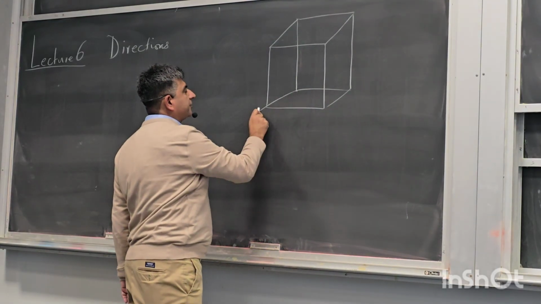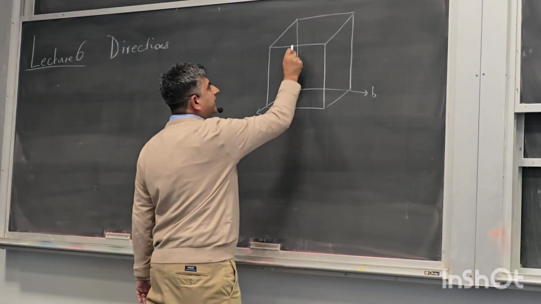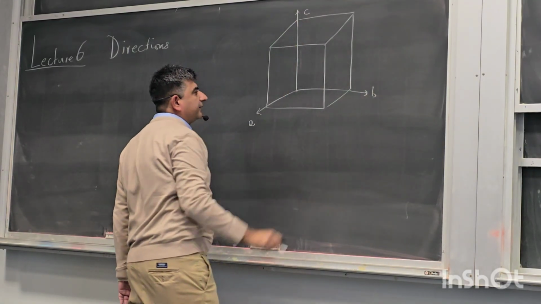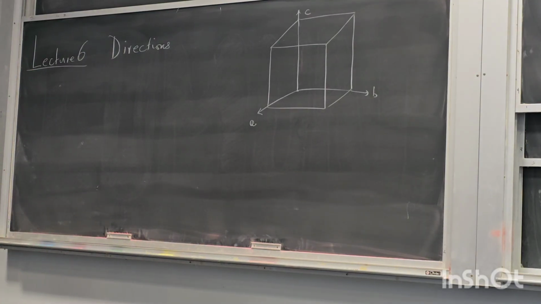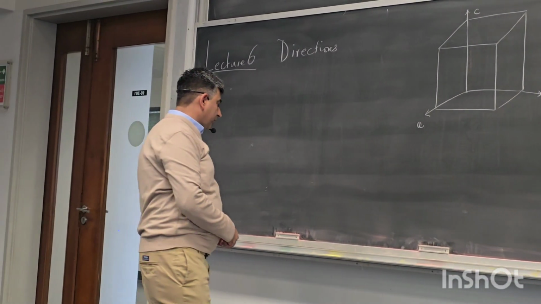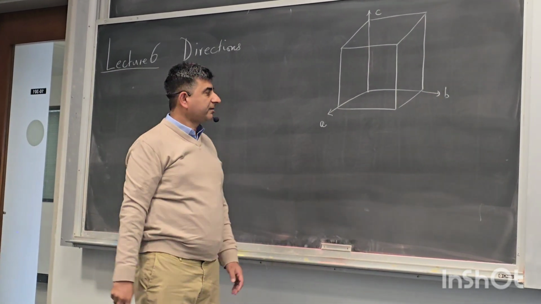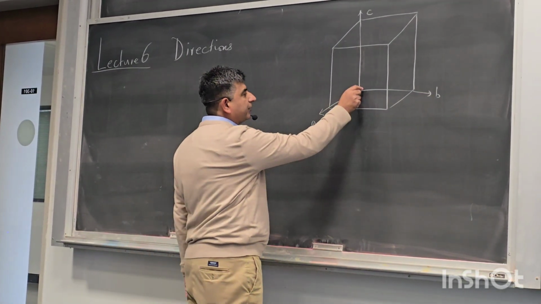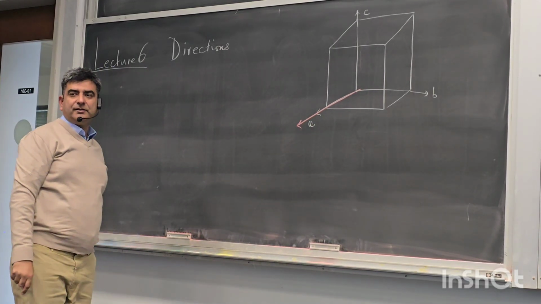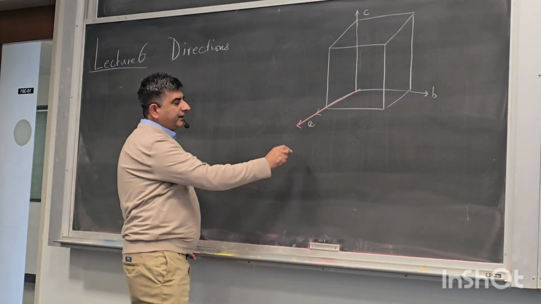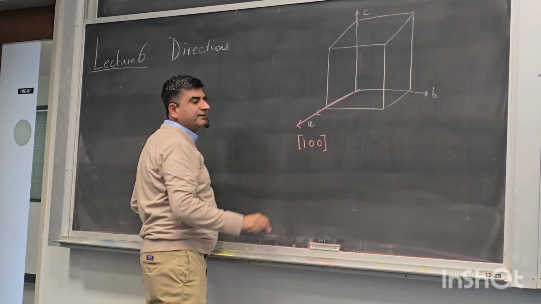in which this is my origin and I have demarcated my lattice vectors A, B, and C along these directions. So this is how I've defined the origin and the A, B, C. So the directions are very simple to specify. The direction, of course, is represented by a vector. So if I talk about this direction along the A, this is denoted as [1, 0, 0], and it's put inside square brackets.